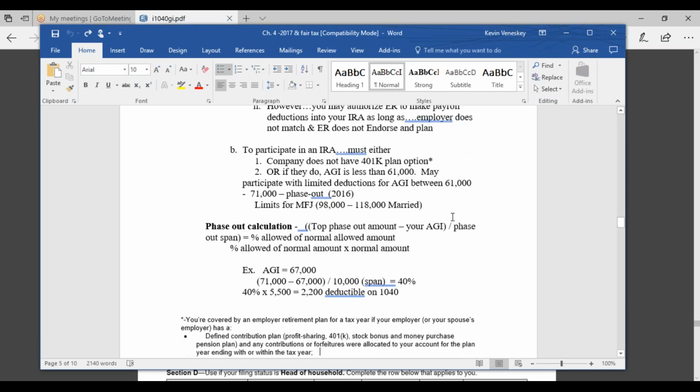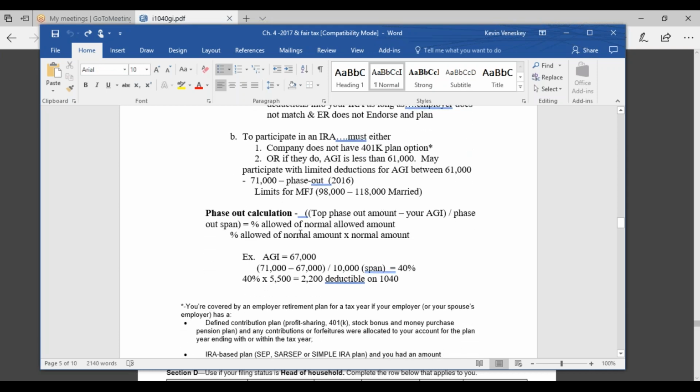Now the calculation, here's the easiest way to do it. The easiest way is a little different than how the book suggests you do it. The way I do it here, the easy way, is you skip a step that the book has you do. Take the top phase out amount, so the top phase out amount would be 118 or 71, and then subtract out your AGI, so say it was 110, and then you divide that by the phase out span.